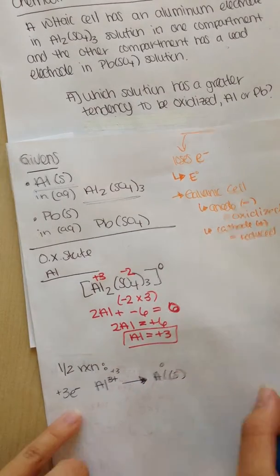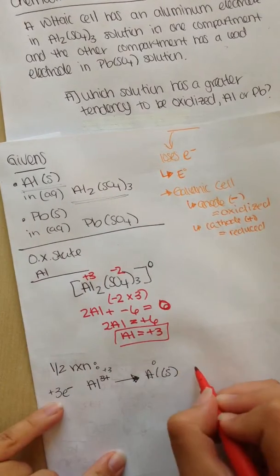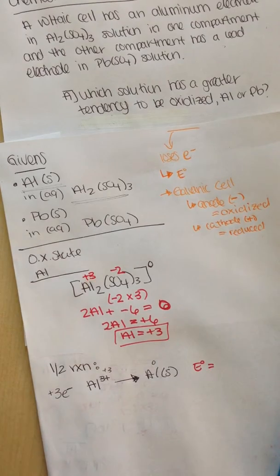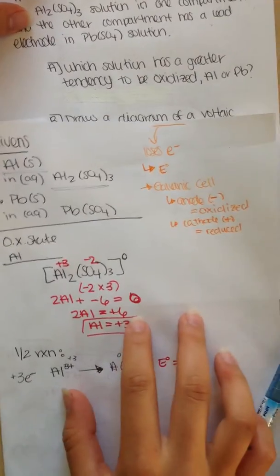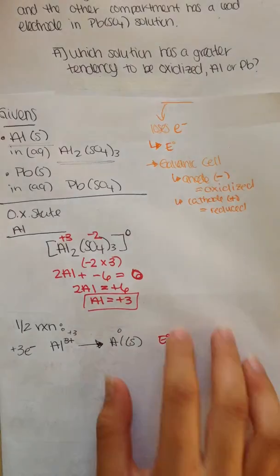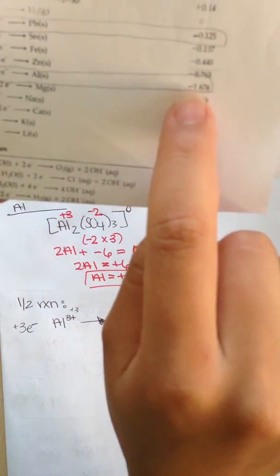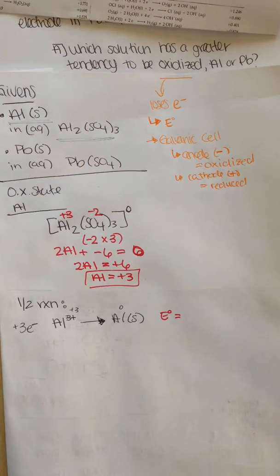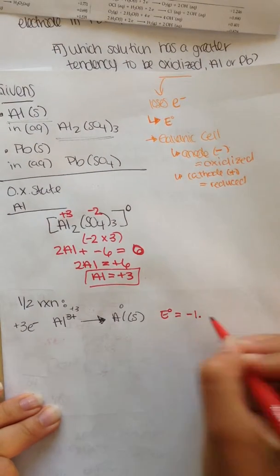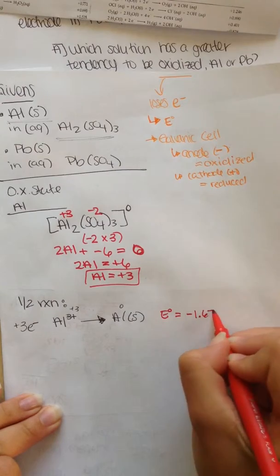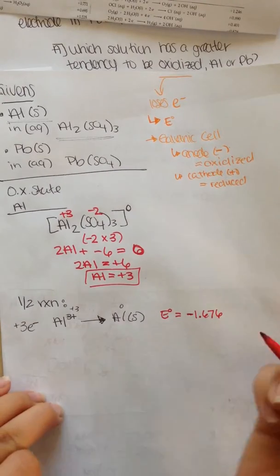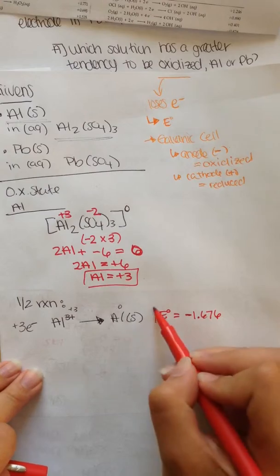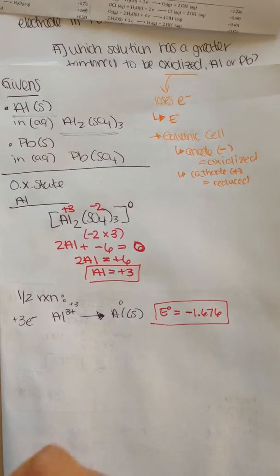So we will go on the table and find the E naught. Aluminum is right here, -1.676. So it's negative, so that could mean it is the anode. But first we need to compare it with the lead.